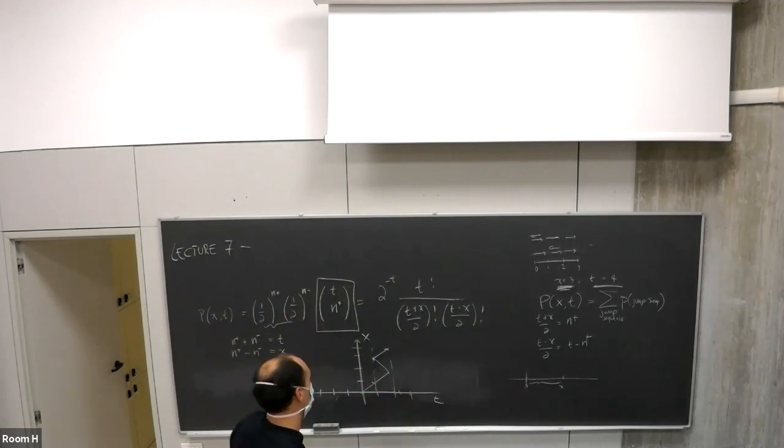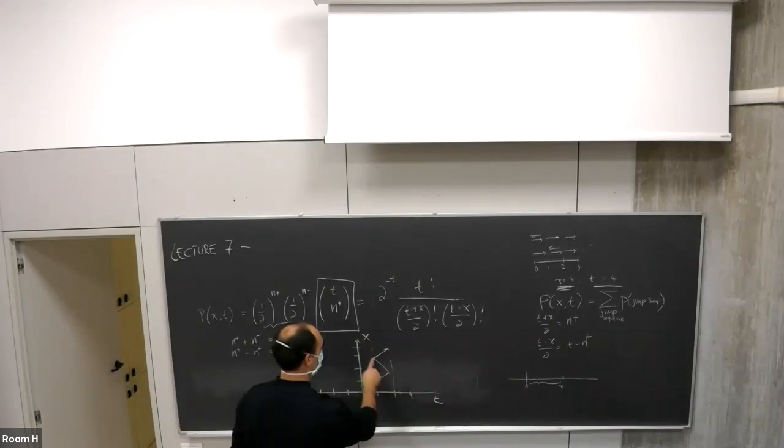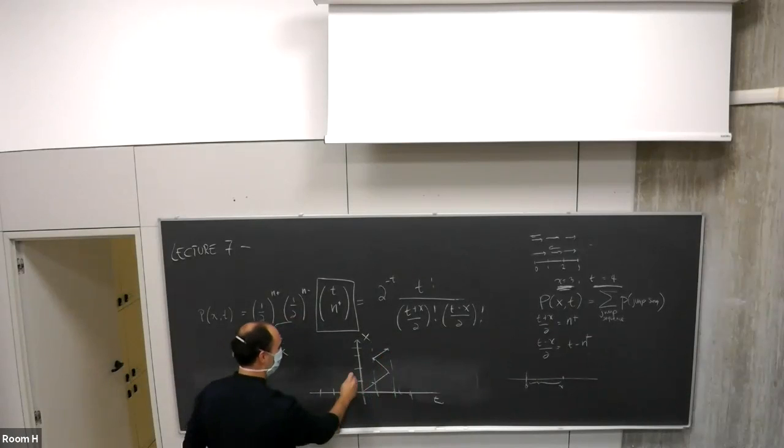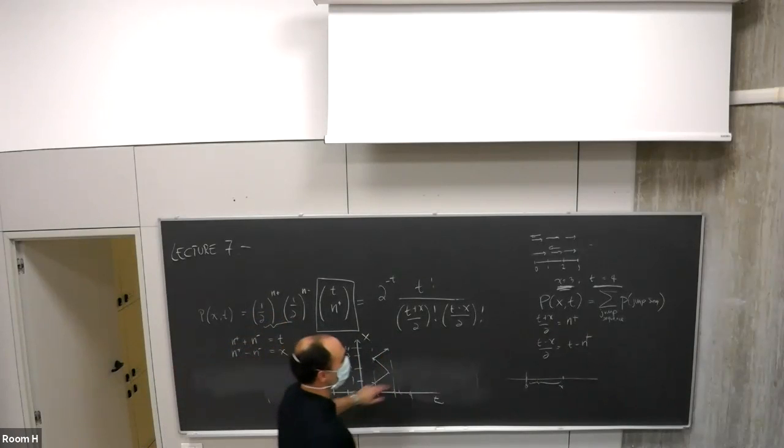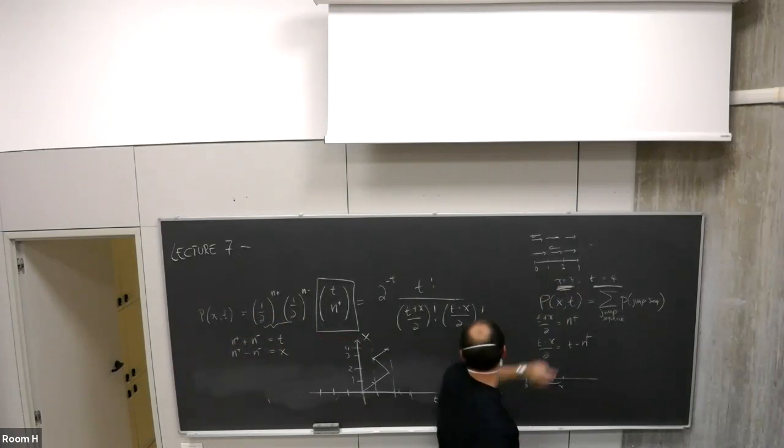This is time 1, time 2, time 3, time 4. You need to be at 3 at time 4. This is 0, 1, 2, 3.